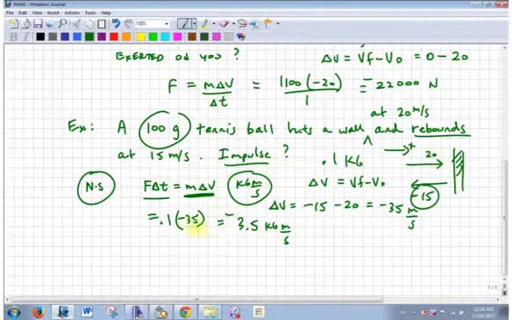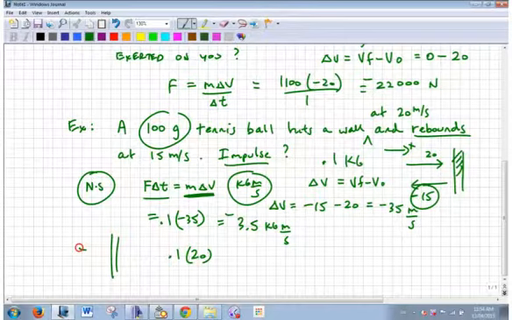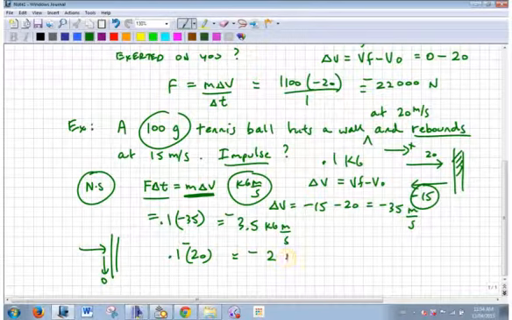So 0 minus 20, it would just be 20 if it hit the wall and stuck and just dropped straight down, which is then just, using the same sign, 20. More impulse if it bounces off.